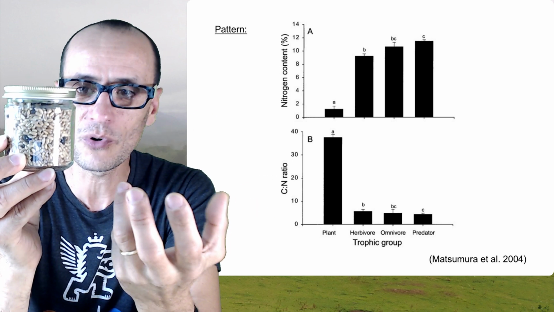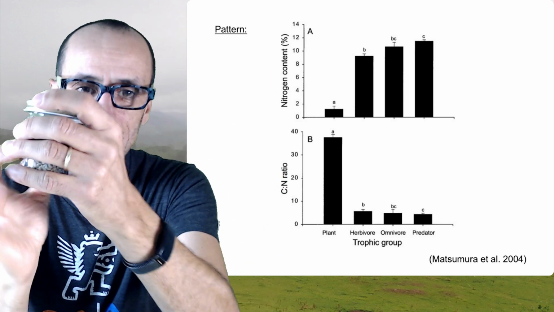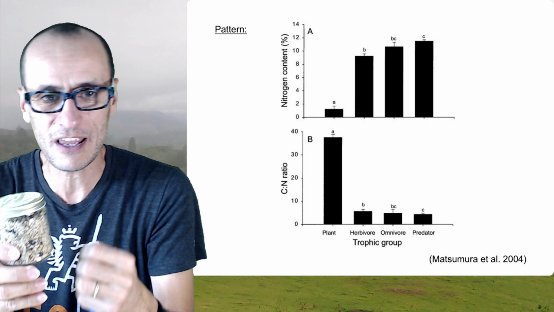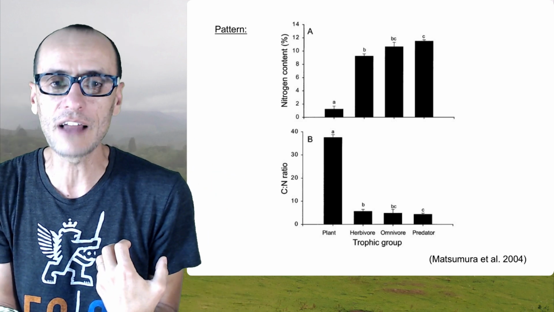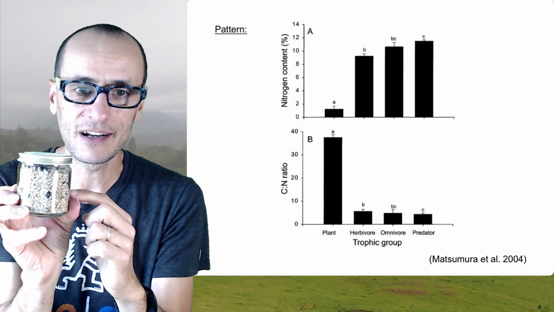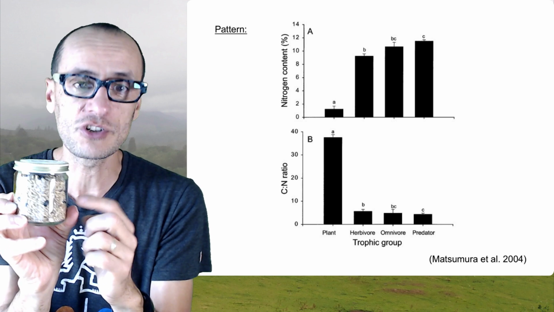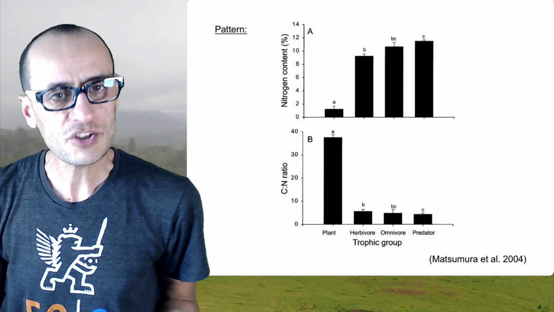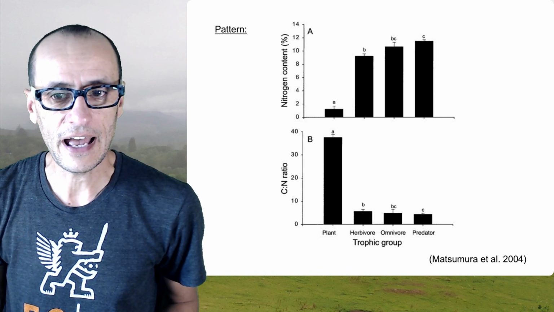But as an herbivore and I'm a leaf chewer, I have to eat the whole thing. So I get this entire thing when I chew on a leaf. And therefore, I'm taking in a lot of excess carbon as I'm trying to get to the right amount of nitrogen. That is really what is needed for me.